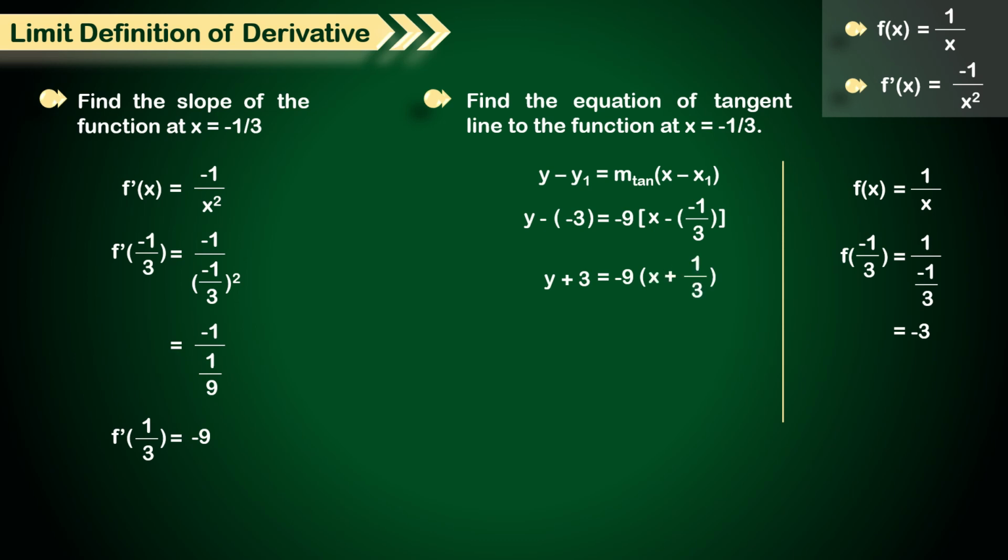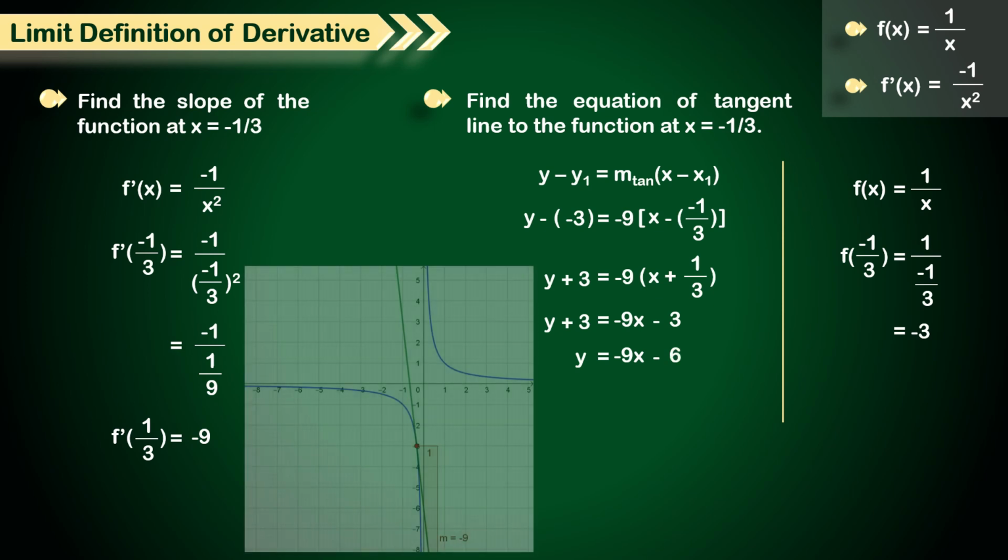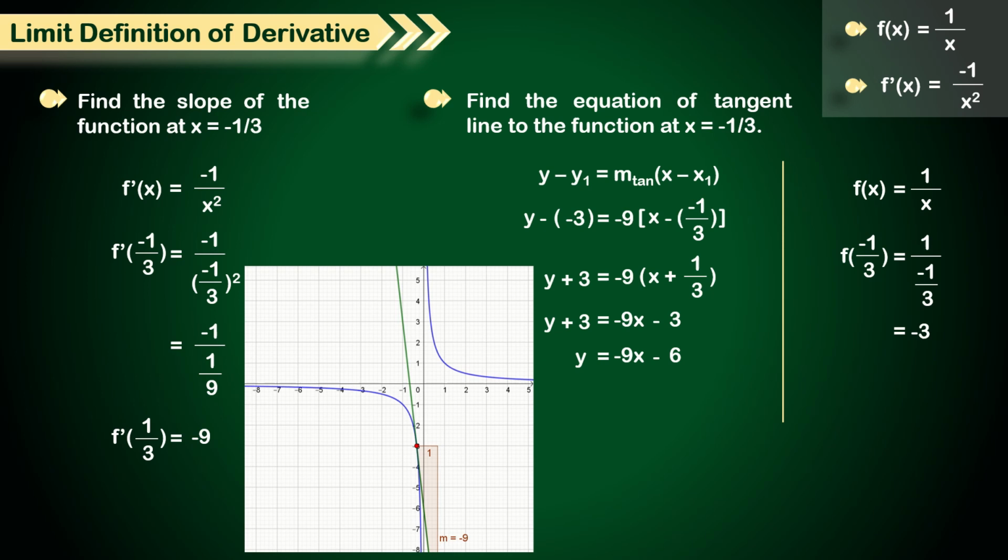Distribute -9 to each term of x + 1/3. Then, y + 3 is equal to -9x - 3. Subtract 3 from both sides of the equation. And y is equal to -9x - 6. This is now the tangent line on the curve at x = -1/3. On the graph, this is the tangent line at the specific point on the function.